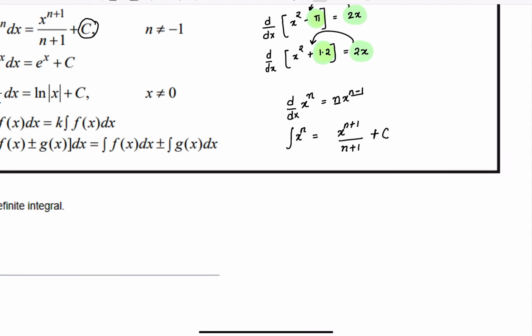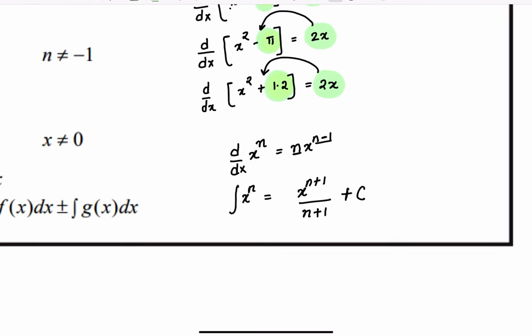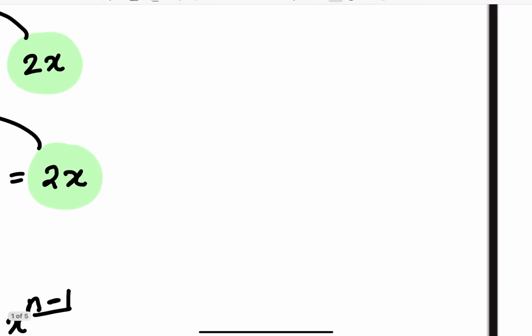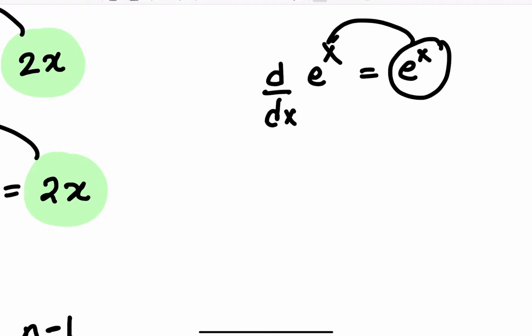All right, now we know that. Again, make sure you go over these formulas, always plus c. Now, while I'm still here, I want to show you how simple it is to remember. D by dx of e to the x is e to the x, so the integral of e to the x is e to the x, again plus c.